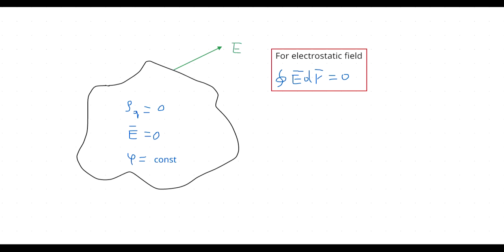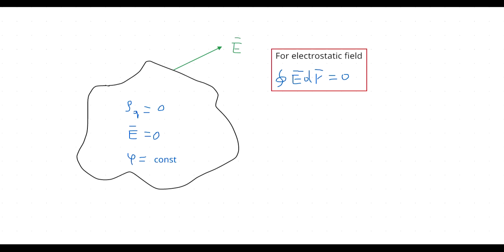Because in this case, the electrostatic field will make free charges on the surface of the conductor move, so it will produce electric current.